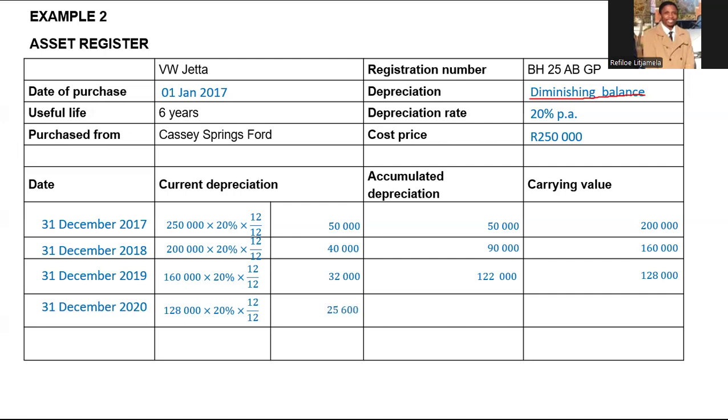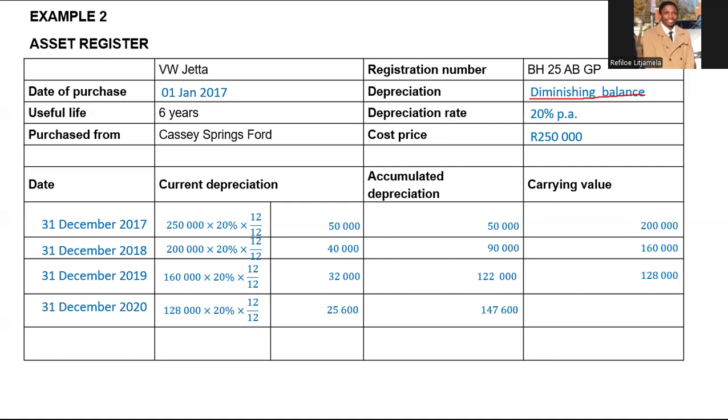Accumulated depreciation will be 122,000 plus 25,600, and that will give us 147,600. To calculate carrying value, you will take the 250,000 Rand minus that 147,600, which is always cost price minus accumulated depreciation.